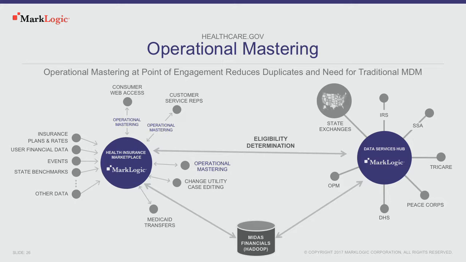It's constantly getting updated on the information that's there. And they get presented with duplicate applications, duplicate records of people, and they're able to make decisions on how those things should get merged in real time, avoiding some of that cleanup down the road. They call it operational mastering, and here I'm calling it contextual mastering.